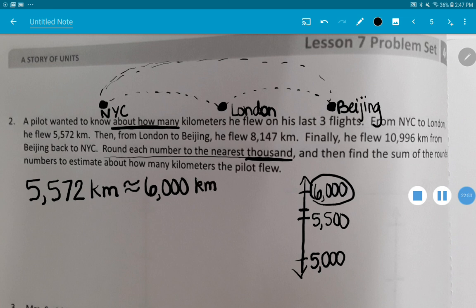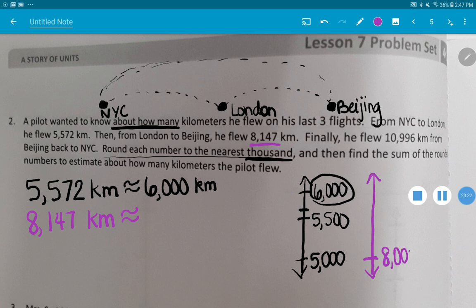Okay. Then the next part of the flights went from, I'm sorry, he went from London to Beijing. That was 8,147 kilometers. I need to round that number to the nearest 1,000. How many thousands are there in 8,147? 8,000.